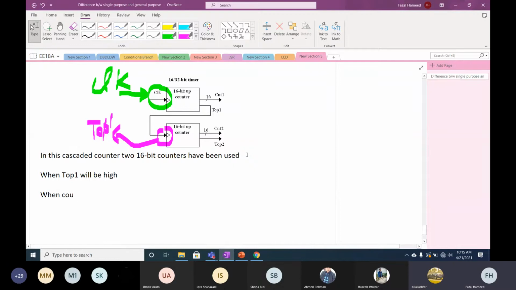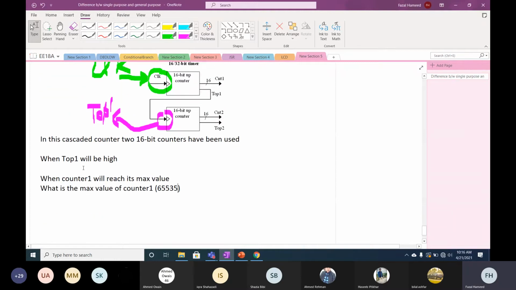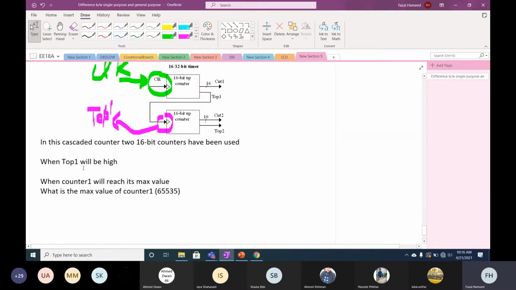The second counter will start, toggling on the low edge. So when will top one be high? When counter 1 reaches its maximum value. What is the maximum value of counter 1? 65,535.